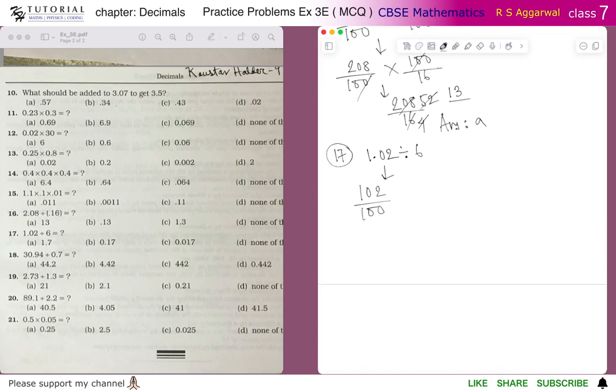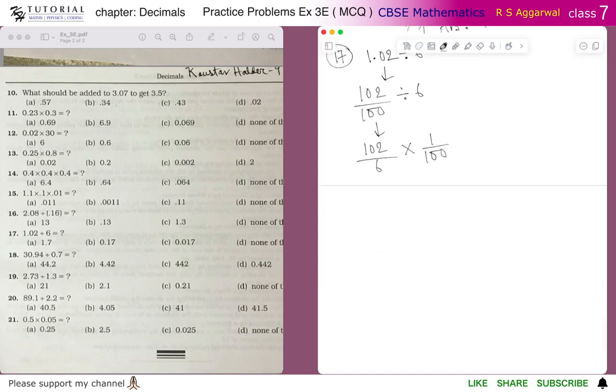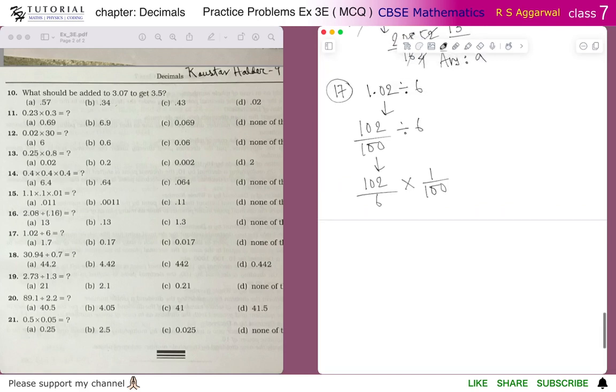Now divided by 6. Now you divide the numerator of the decimal fraction by the whole number, and you separate out the denominator, that is 1 by 100. I hope you are following the process. First, this is the division of a decimal number by a whole number. First, we convert the decimal number to a decimal fraction.